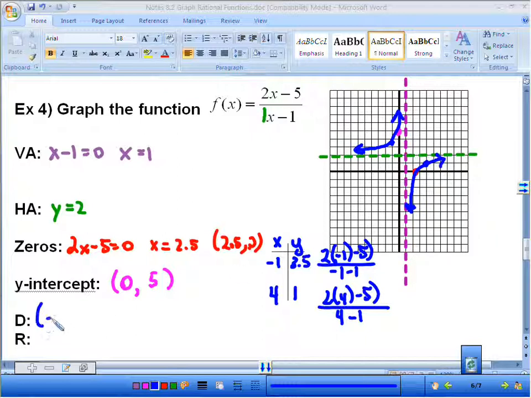The domain is going to be all the values except the 1. And the range is all the y values except the 2.